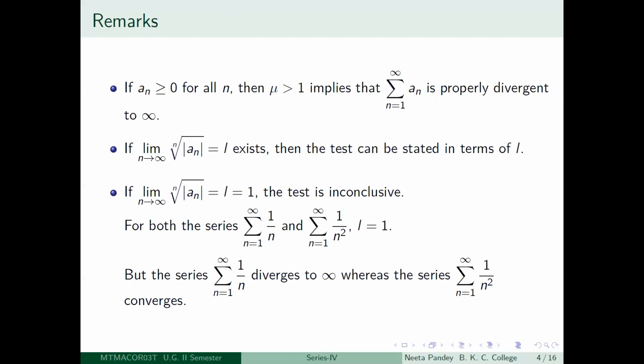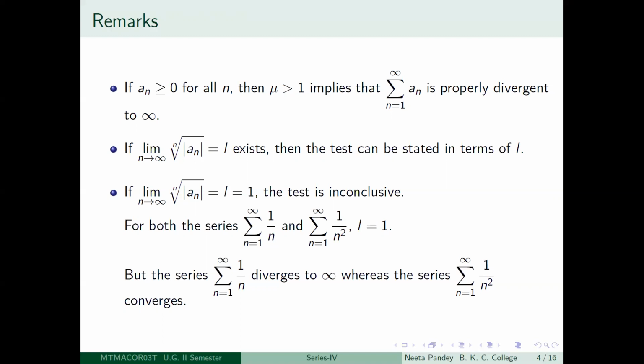First of all, if all of your a_n are greater than or equal to 0, then the second statement, that summation a_n diverges, can be qualified to say that summation a_n is properly divergent to infinity. Because if all the a_n are greater than or equal to 0, then your corresponding sequence of partial sums is monotonically increasing.